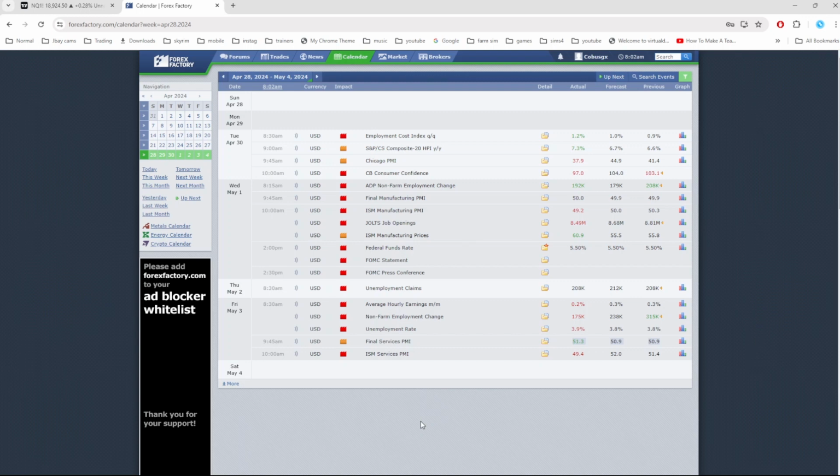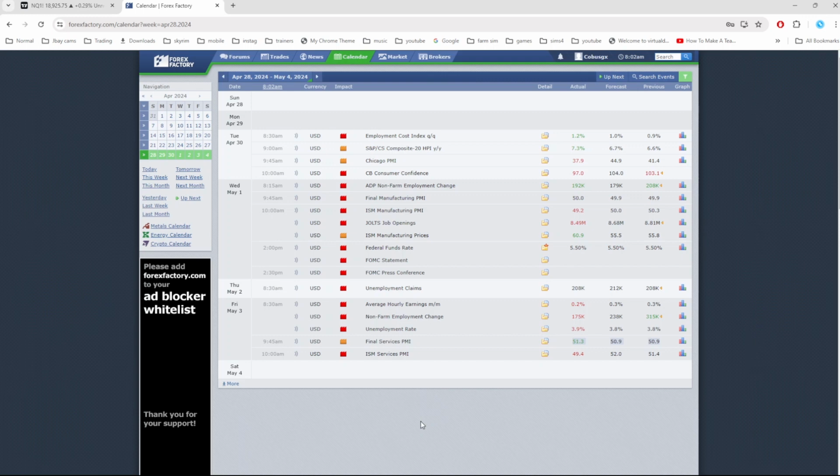And DXY was tanking down, targeting some old lows, and we had ES, NAS, and YM looking for higher targets, and the market was in symmetry. Then that would be a day where you would be able to take that trade.